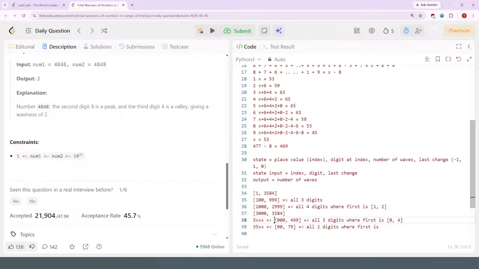So maybe I need to say that this is 3, and this starts with 3 5, something between 00 and 79. Oh my god. Alright, yeah.